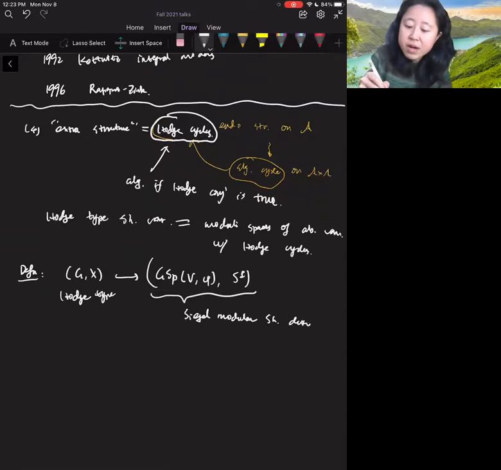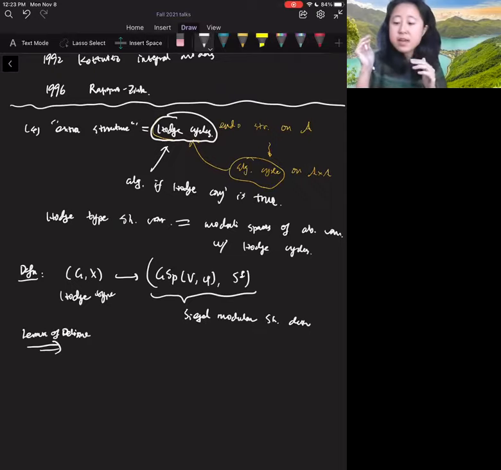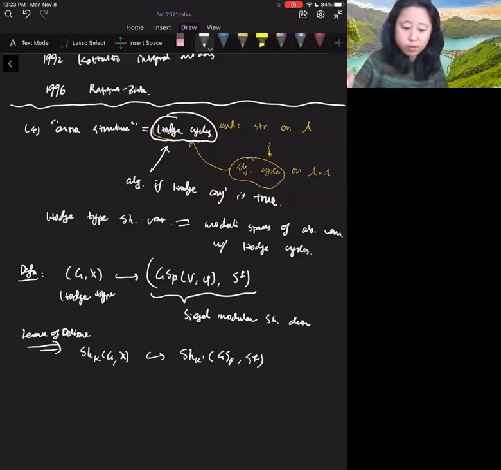And by a lemma of Deligne, in his original Travaux de Shimura paper in the 1970s, whenever you have an embedding of Shimura data, this induces an embedding of Shimura varieties for suitably chosen level structures on both sides. So for some K and K prime, here K is a compact open of G of finite adeles and K prime is a compact open of GSp of finite adeles.